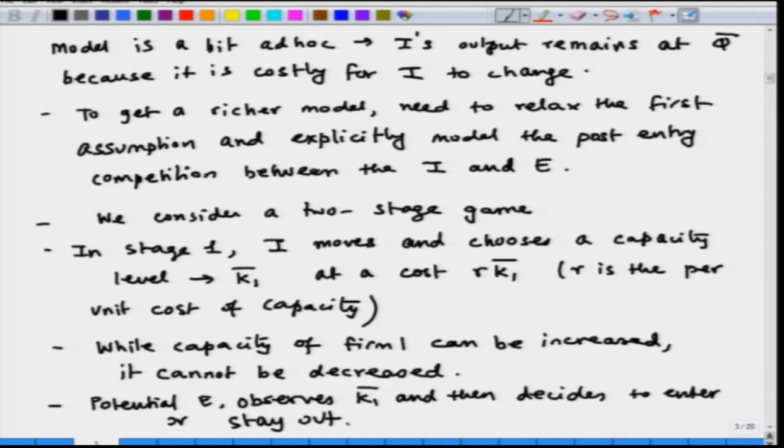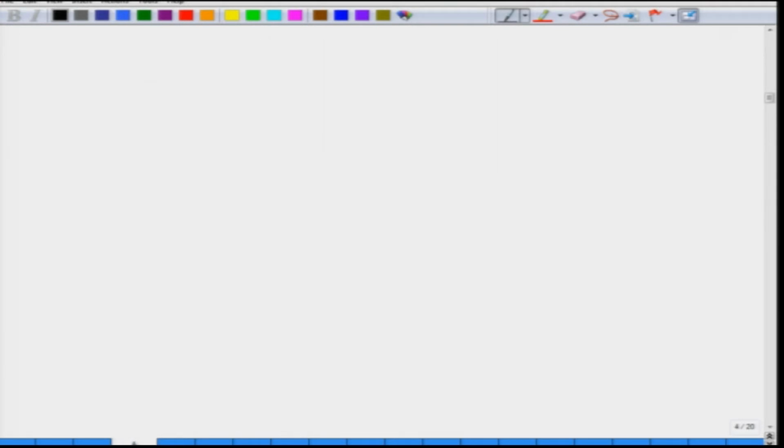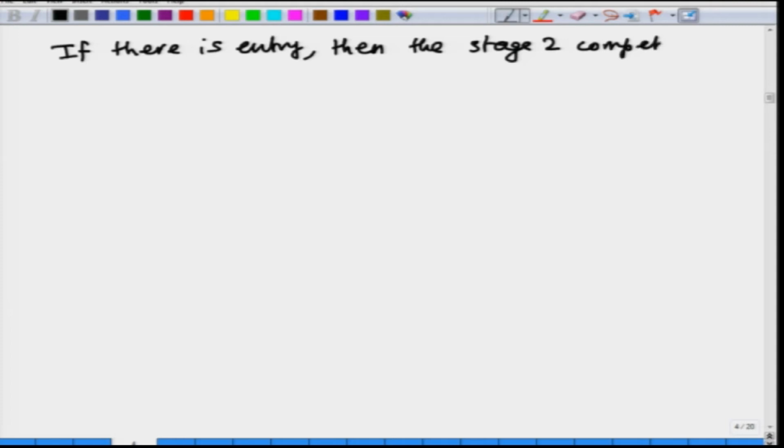If it enters, the post entry competition is Cournot, right. So, if there is entry, then the stage 2 competition is Cournot. Notice that unlike the incumbent, the entrant is not there in stage 1, right.